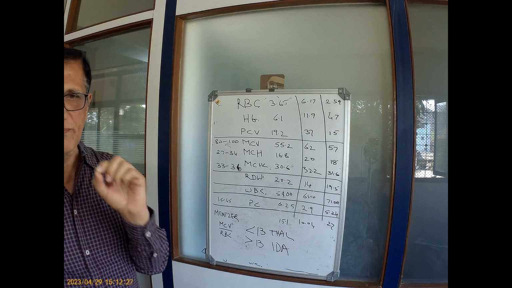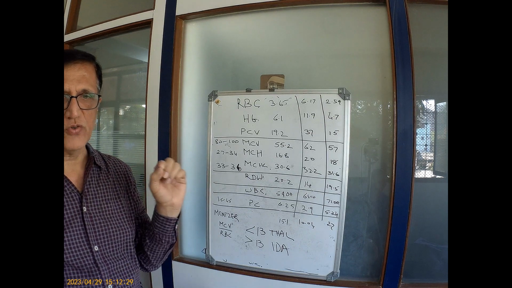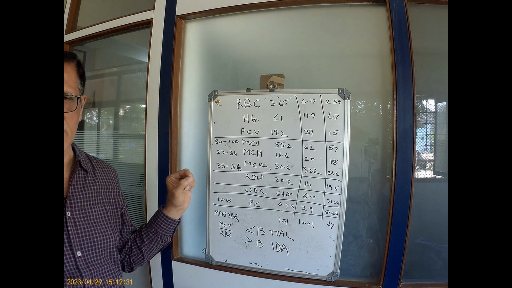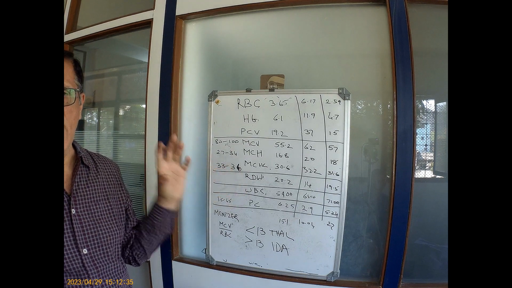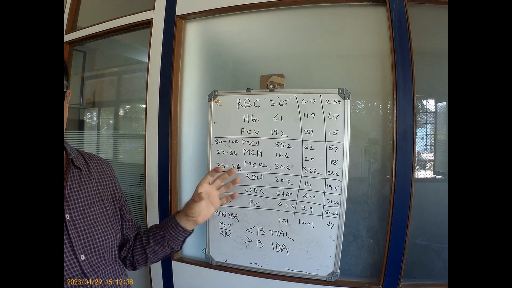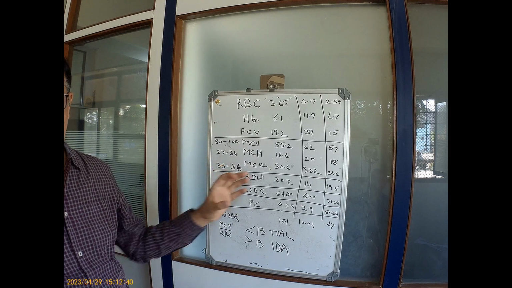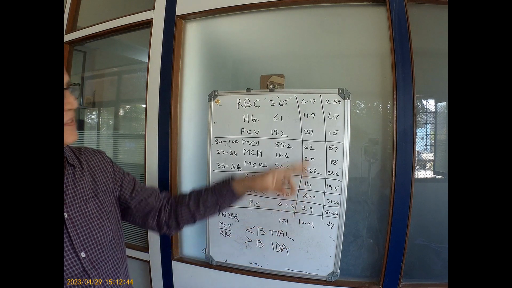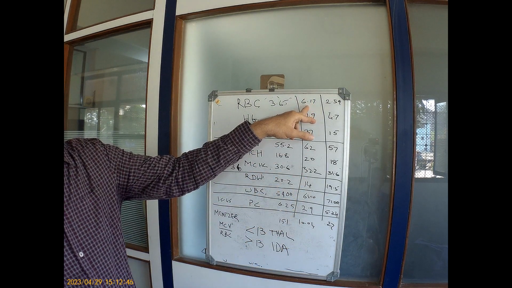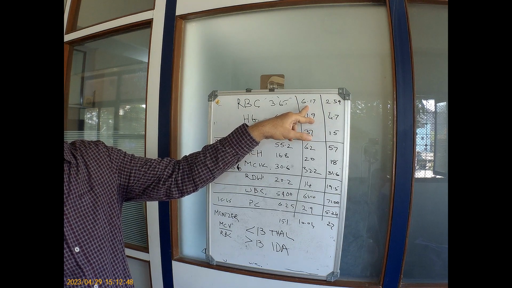The globin component is the defective component in thalassemia minor. So what is happening is that the cells are not capable of carrying so much oxygen. So the bone marrow compensates and starts producing a large number of RBCs to compensate for the oxygen that it can carry.